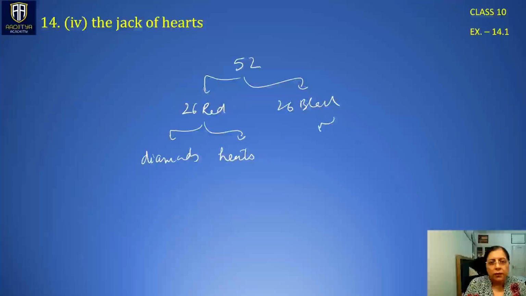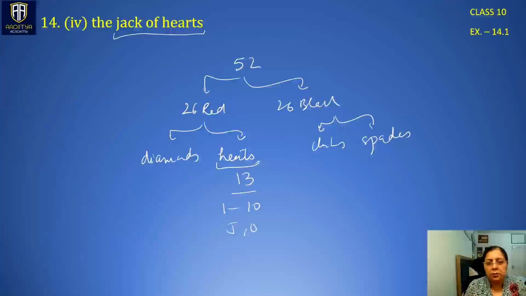Black are clubs and spades. Now he is asking the probability of Jack of hearts. See, hearts are 13 in number and they have 1 to 10 numbered cards, then Jack and Queen and King. You can see this, there is a unique card which is Jack in hearts.